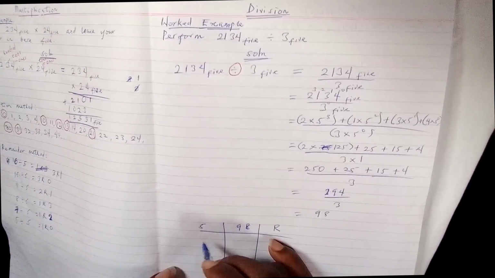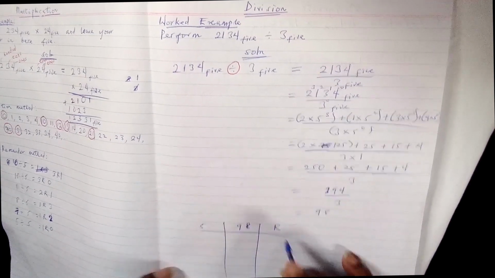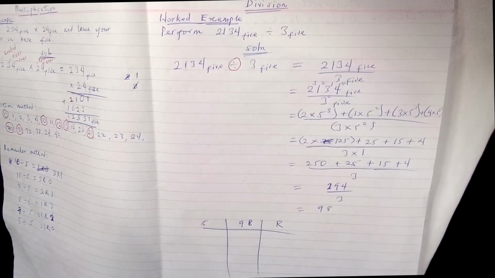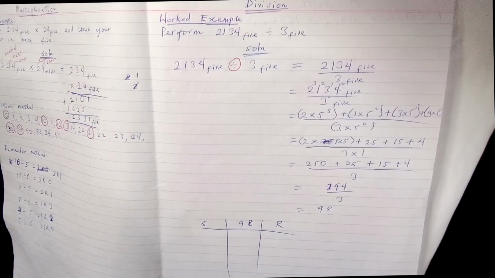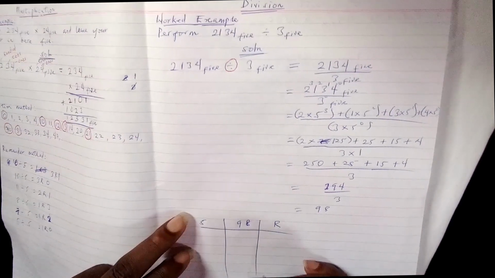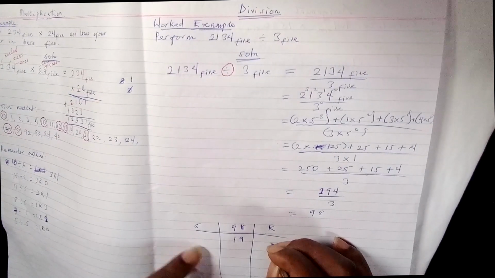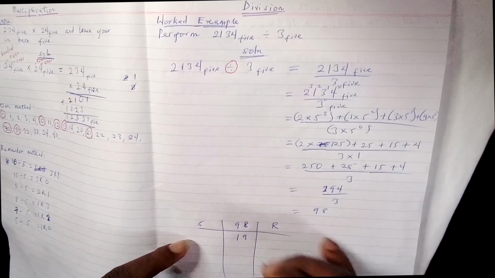That is why I've written 5 here, 98 here, and R. 5 will go into 98 how many times? You just ask yourself. 5 will go into 98 19 times, and 5 times 19 will be 95.